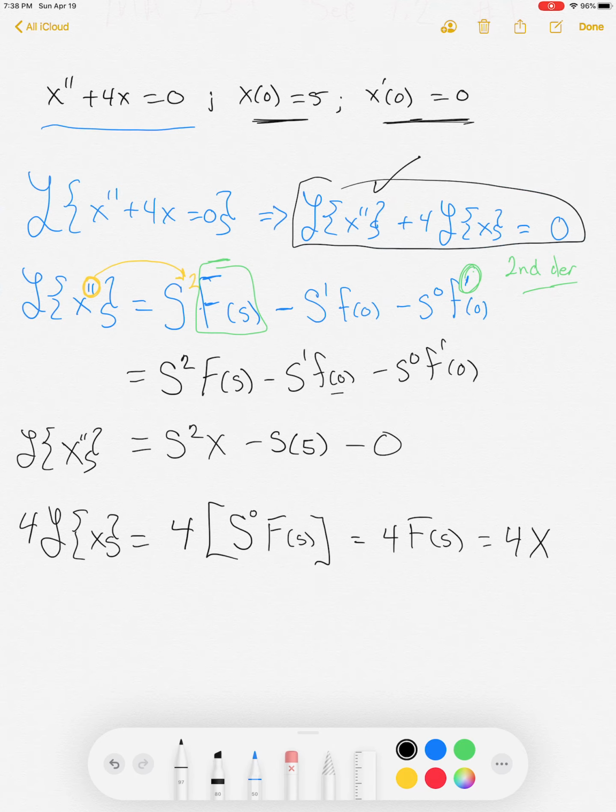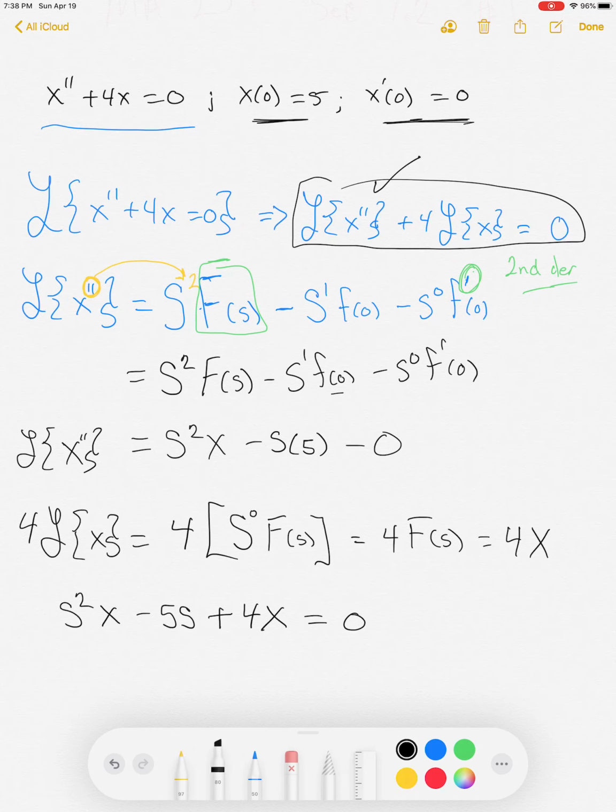And so I have s squared times x minus 5 times s plus 4 times x, all equal to 0. So once again, where did that come from?